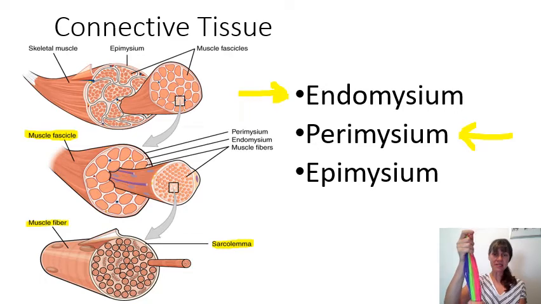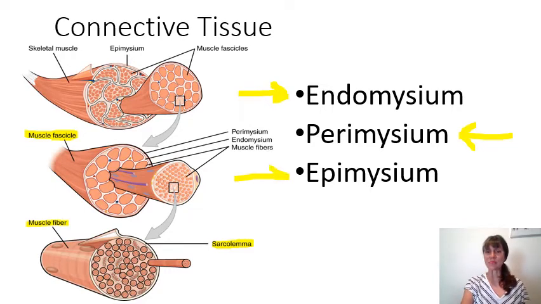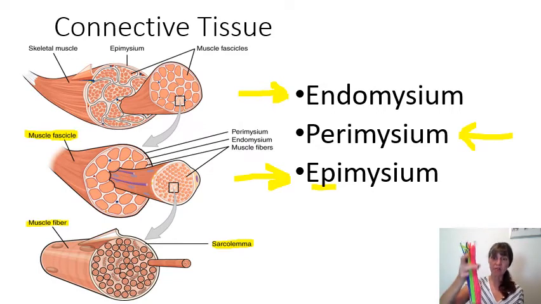And around the skeletal muscle is dense irregular connective tissue that we refer to as epimysium. Epimysium contains the prefix epi, which means over or above. Therefore, the epimysium is the connective tissue above all of this skeletal muscle.